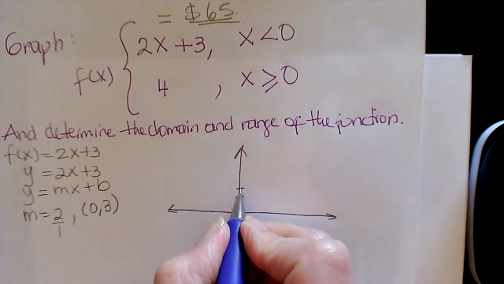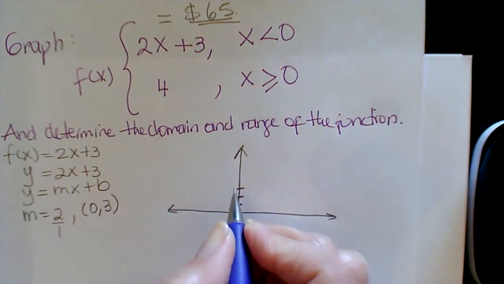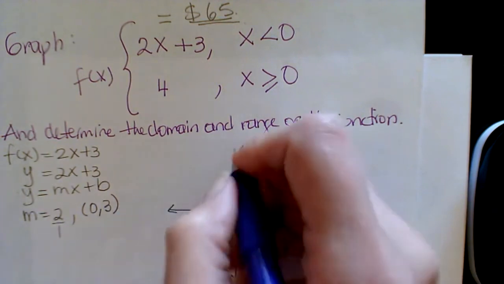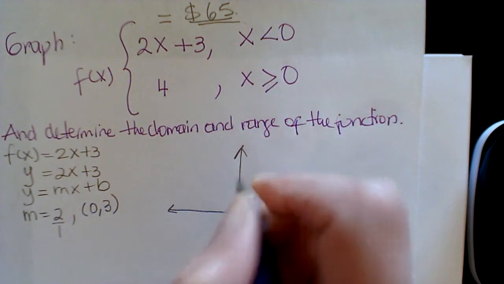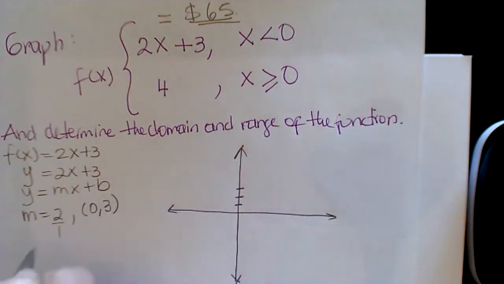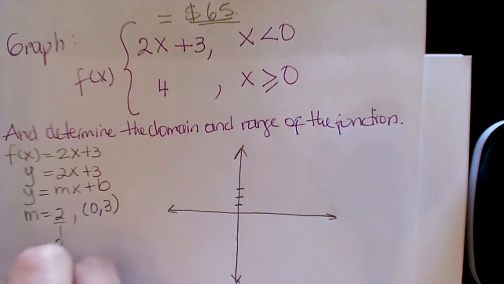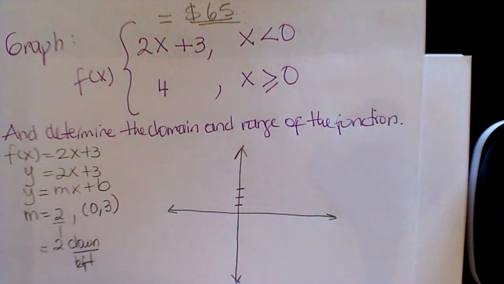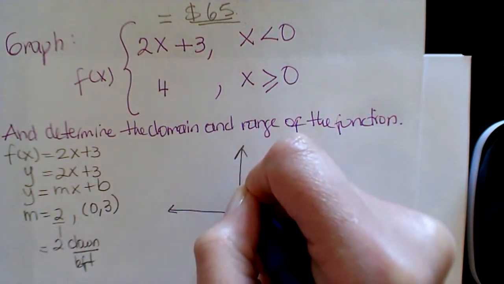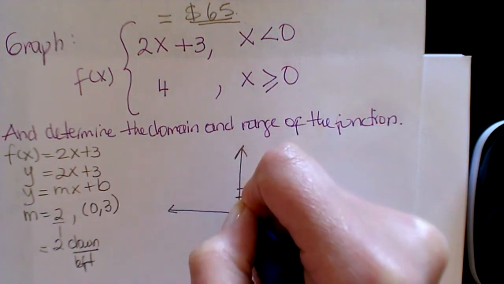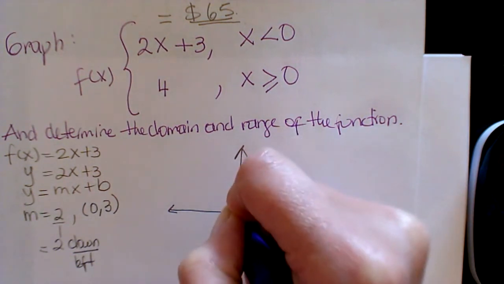And it says that we need to go 2 and 1. So it could be down and left. However, remember, you could do it up and right or down and left. So we're going to be doing 1 and 2, and here is the 1.